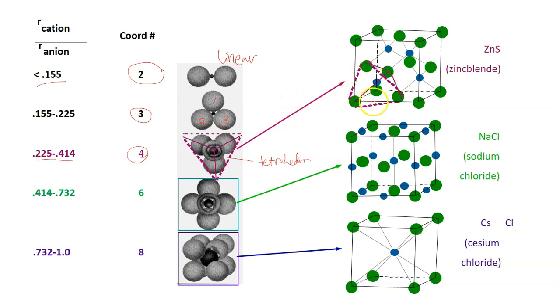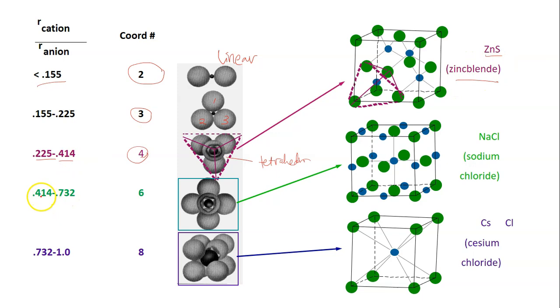You can see there are 4 anions here, 1, 2, 3, and 4, and this is the center. The unit cell resembles zinc blende, ZnS.